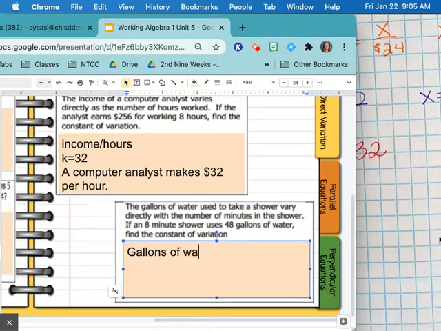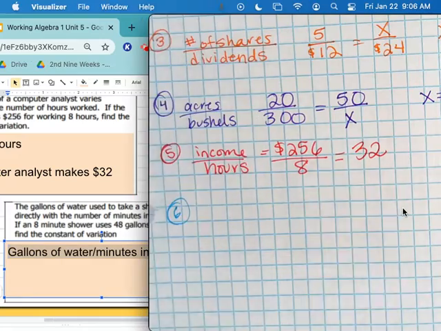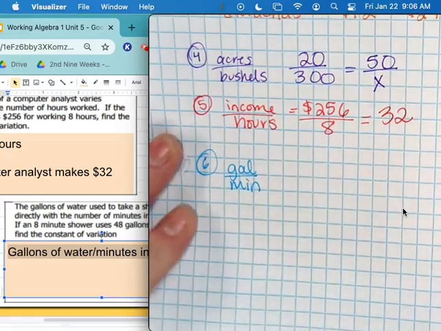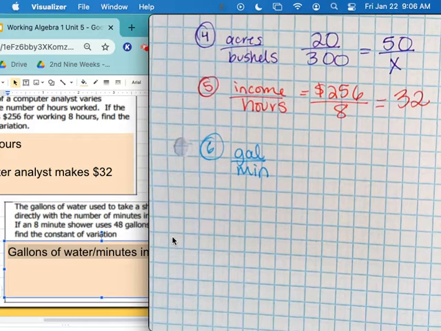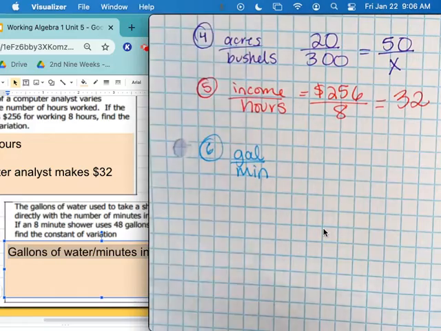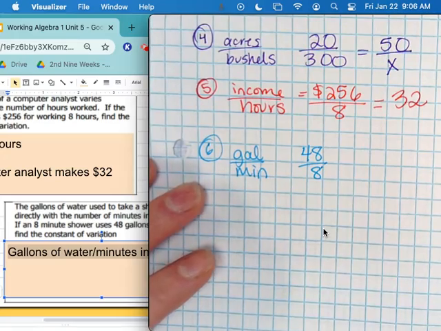Gallons of water over minutes in shower. So gallons over minutes. I'm just going to abbreviate. So we have 48 gallons in 8 minutes. So 48 gallons, 8 minutes. So we need to simplify this.